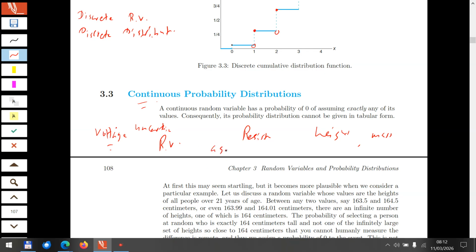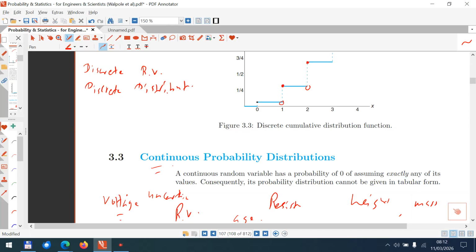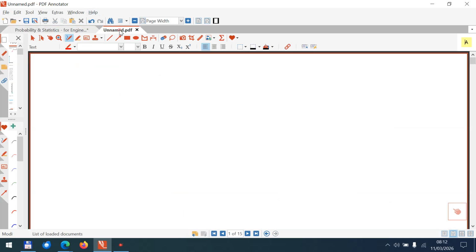Time, age, age of someone. And the question is, how do we build their distribution? I will choose a blank page to illustrate this concept. Let's say I have a continuous random variable, and let's say this is in some interval.